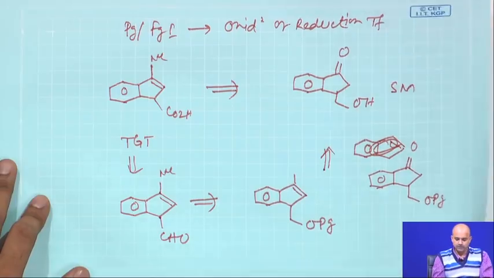So, that was the simple transformation which was proposed. Now, try to find out how this entire thing was done. So, we will now go to the forward pathway.